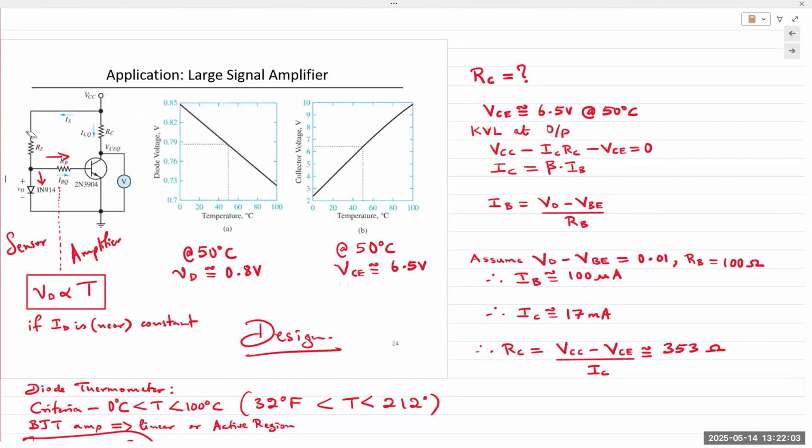So the current IS can be described as VCC minus VD, because it's between these 2 points, divided by RS. And in order for IS to remain approximately constant, we need VCC to be far greater than diode voltage VD.